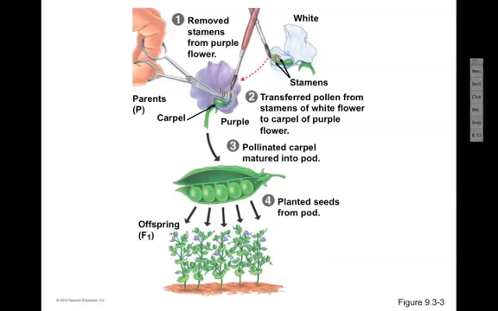So here's a picture of what Mendel did. Up at the top, number 1. You see his hand and the scissors there? He removed the stamens from the purple flower. So he had a field of 2 different purebred flowers. He had white in one field and purple in another field.